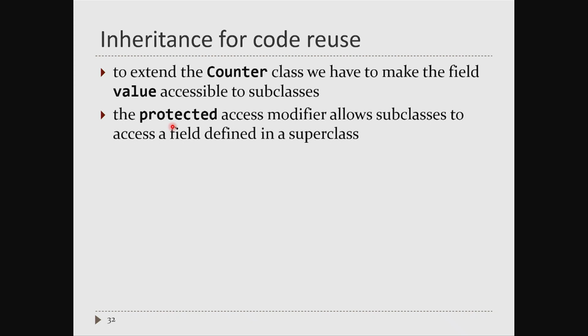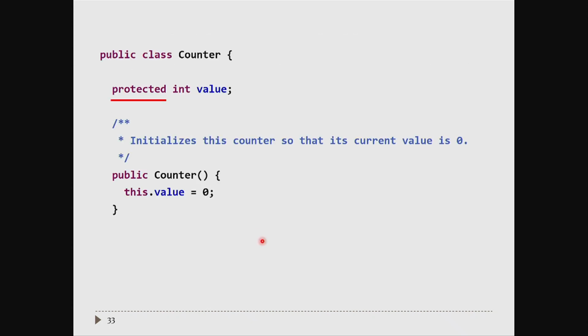So protected is the second least restrictive access modifier in Java. I'm now going to go into Counter and change the access modifier of the field to protected. Now subclasses can access the value field directly.